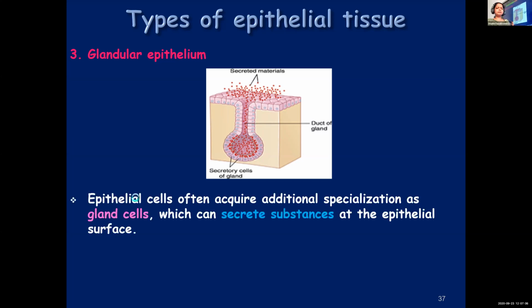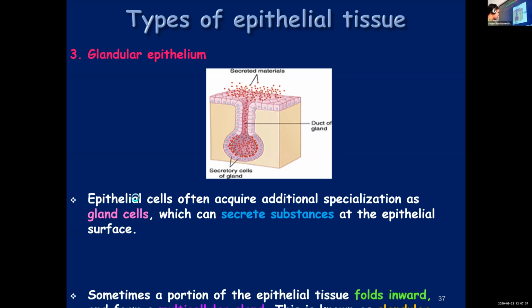Epithelial cells sometimes undergo some specialization and form gland cells. These gland cells are capable of secreting substances at the surface of the epithelium. Once again, the epithelial cells can undergo some modification and form gland cells which are capable of secreting certain substances.